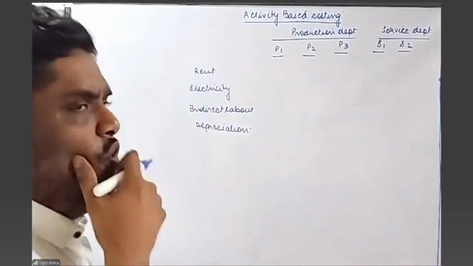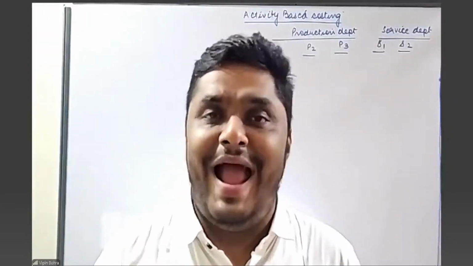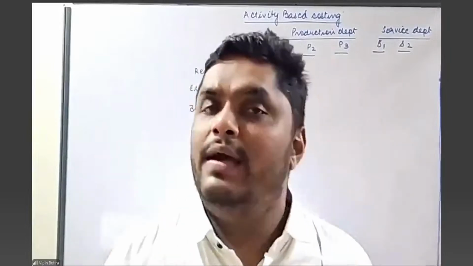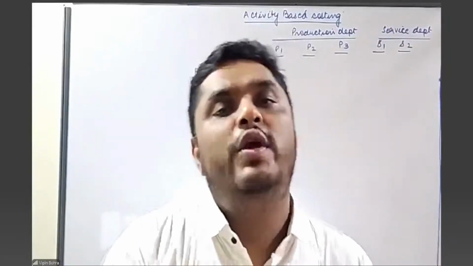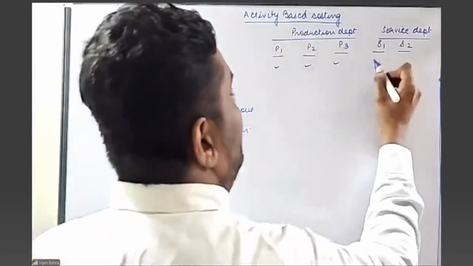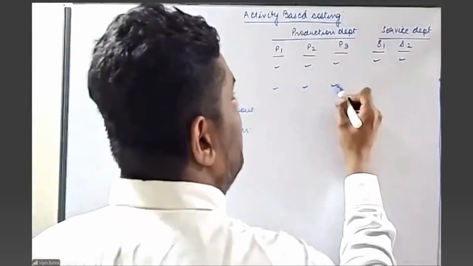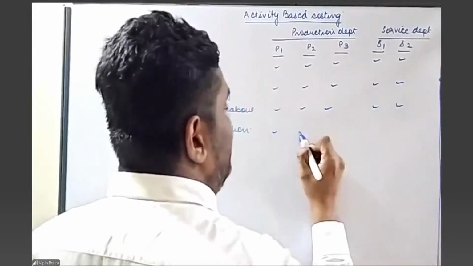So what we used to do, we used to distribute the overheads first, since the overheads are incurred as a whole, together. We used to distribute them either via allocation or apportionment to the various production departments and various service departments.